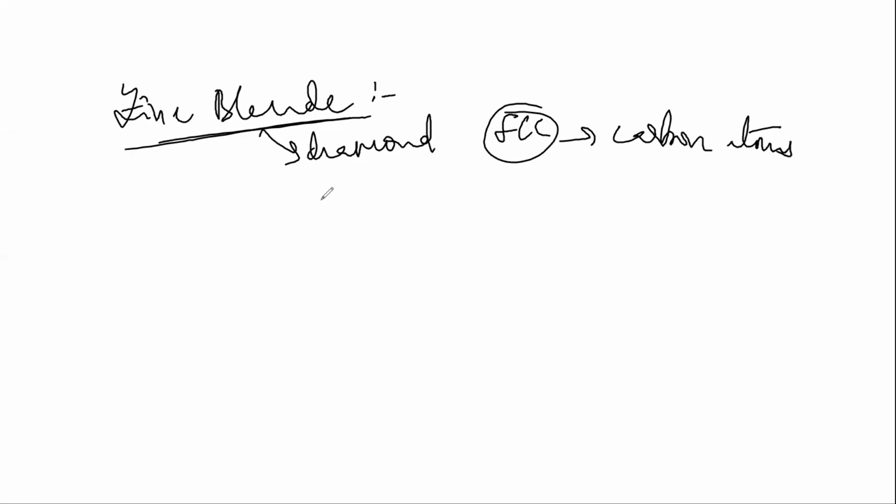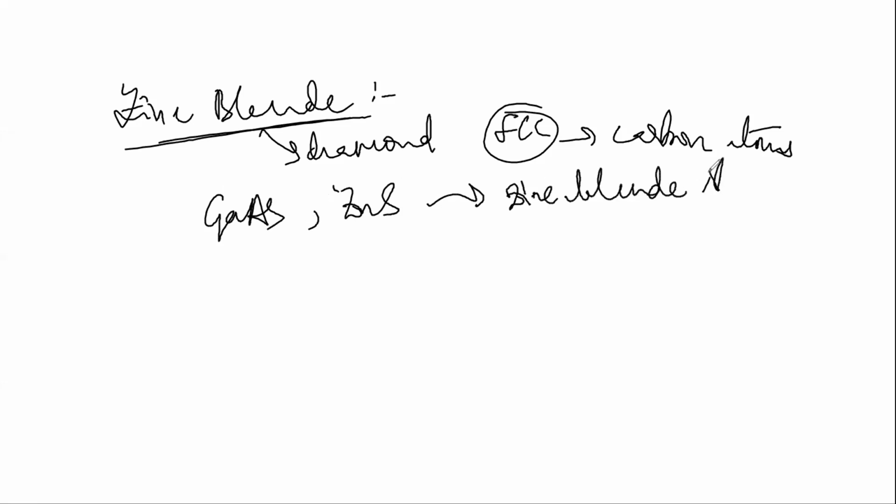For example, we have gallium arsenide. If you take zinc sulfide, they all crystallize into the zinc blend structure. This is called the zinc blend structure. If I take gallium arsenide, it's a semiconductor material. In this structure, gallium and arsenic are found at alternate locations.